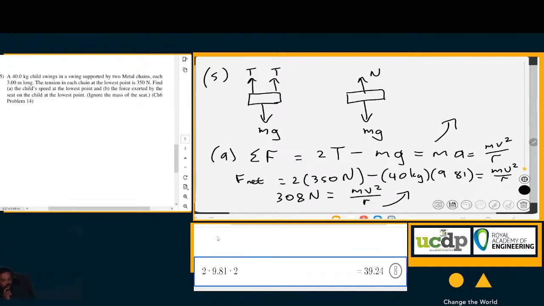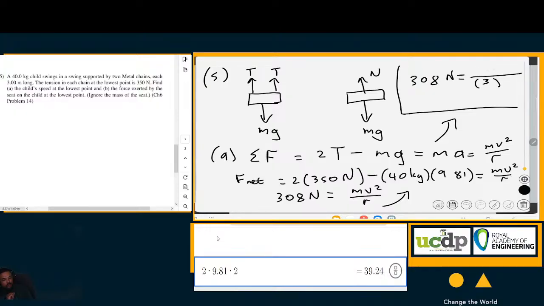So 308 newtons is equal to m v squared over the radius of the circle. Remember, we're just concentrating on the arc for this moment, but it completes a circle, and the radius is the length of those chains. The length of those chains is 3 meters.